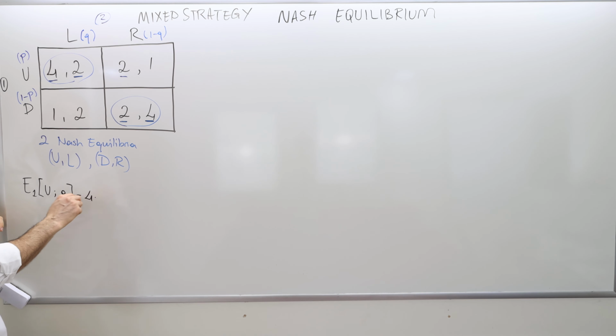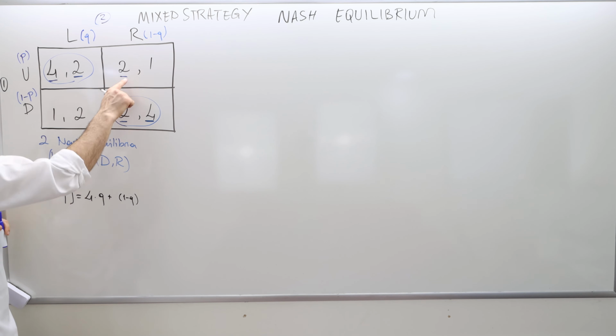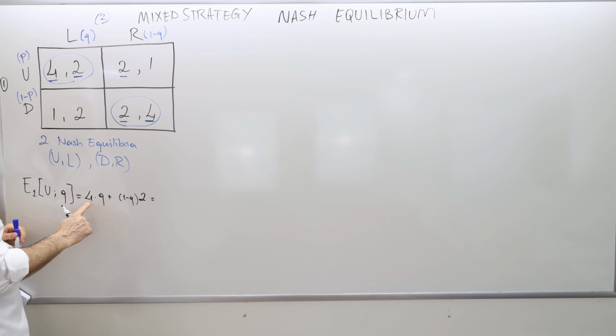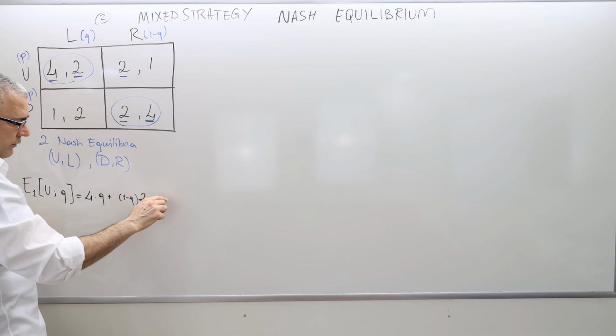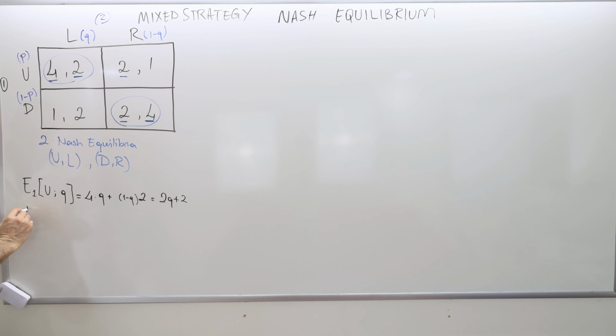So therefore, he's going to get 4 with Q probability, and with the remaining probability, 1 minus Q, he's going to get 2. So just sum them up. You're going to have 4Q plus 2 minus 2Q, so it's 2Q plus 2. Well, what about his expected payoff if he chooses D instead?